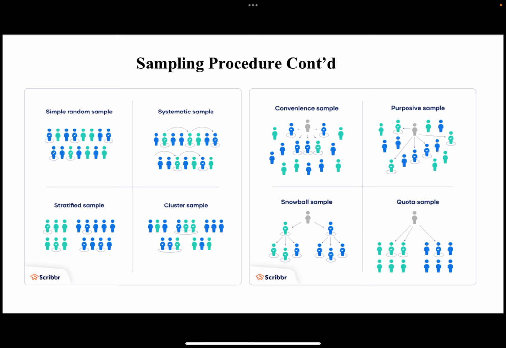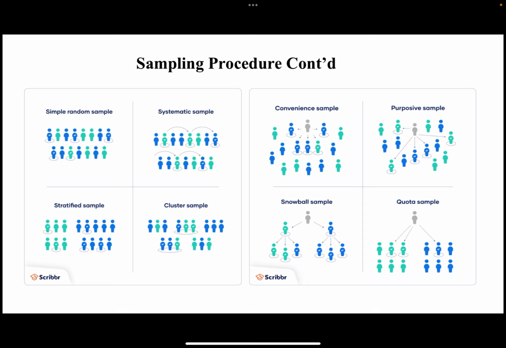Now, in summary, sampling helps researchers to study a small group to understand a larger population. Now, choosing the correct sampling method is very important for the validity of a research. Okay. So when you are doing sampling technique or sampling procedure in research, you have to be very careful and make sure you select the right sampling technique.